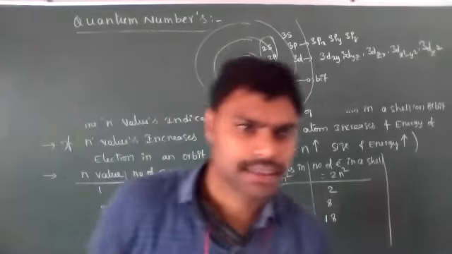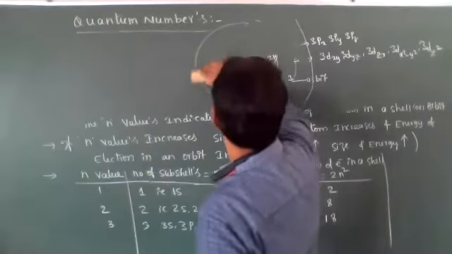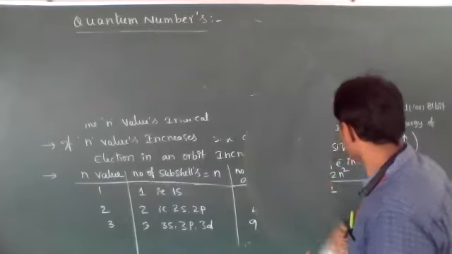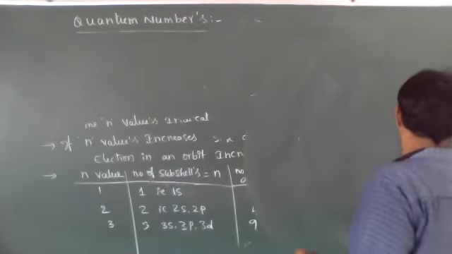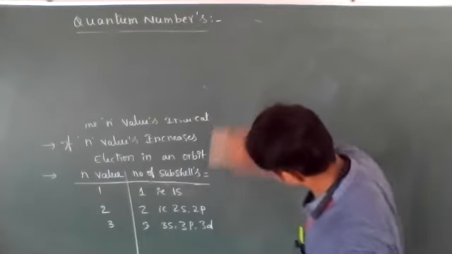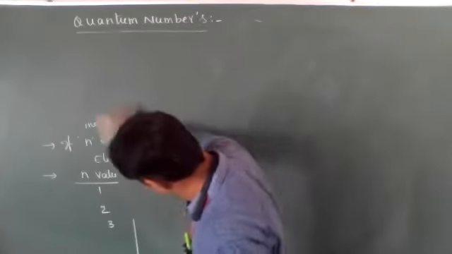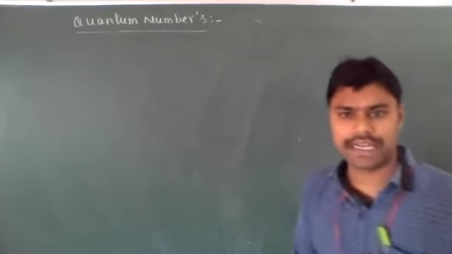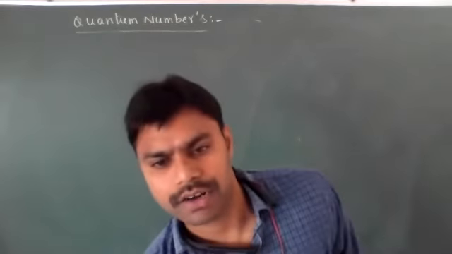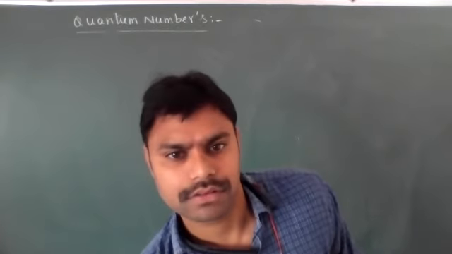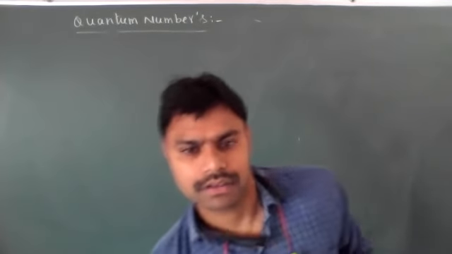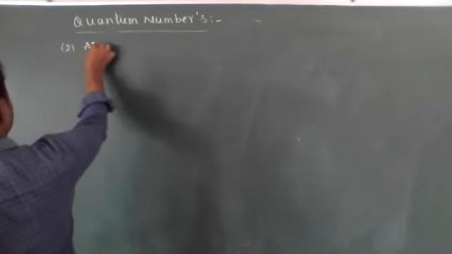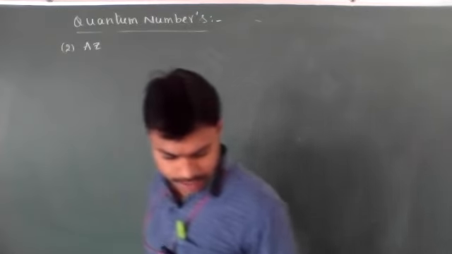Okay, let's listen to the next, the second quantum number. The second quantum number is the azimuthal quantum number.